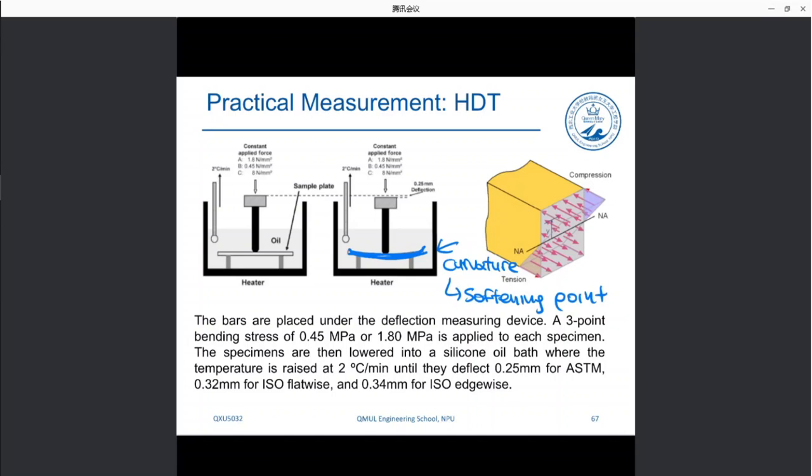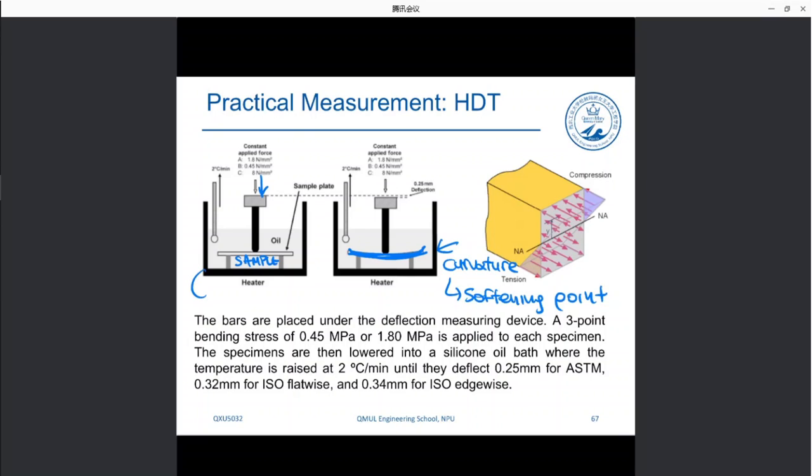So if we look in a bit more detail at what we do in heat deflection temperature, we have our sample here. We immerse it in oil, so we know the thermal conductivity of the oil and how much temperature we increase every time, and we apply some force from this stage.